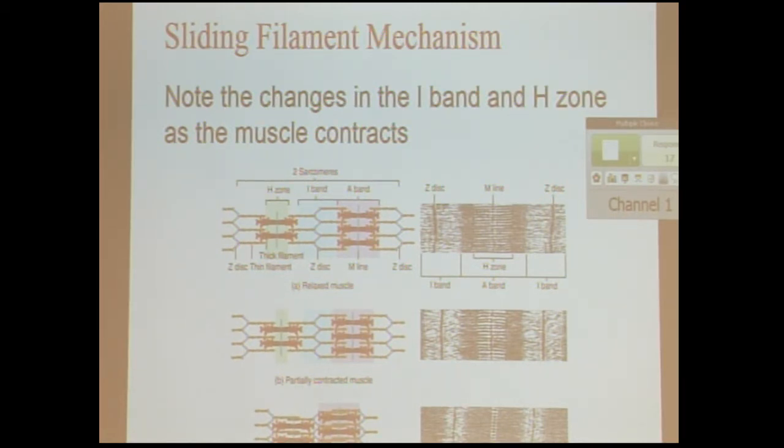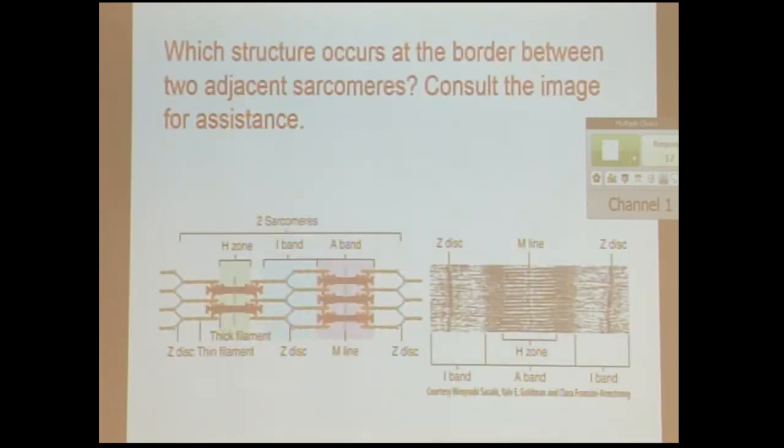So basically the A band includes all of the myosin, whereas the H zone is the myosin by itself. So if you don't have any overlap, you don't have any H zone anymore, and you don't have any I band anymore.